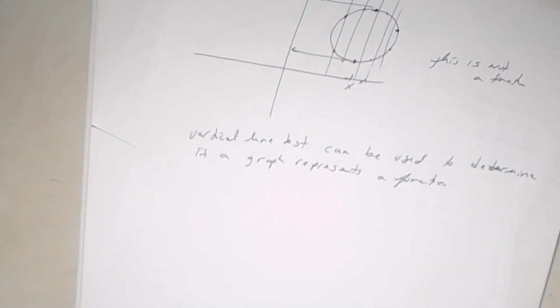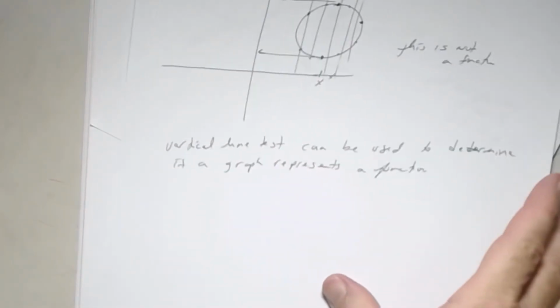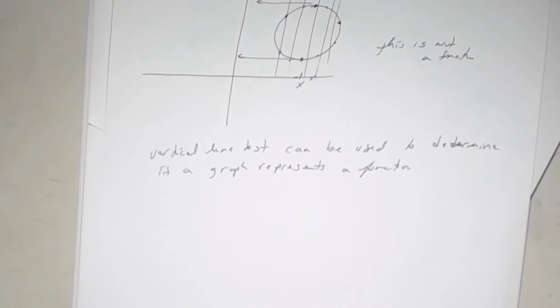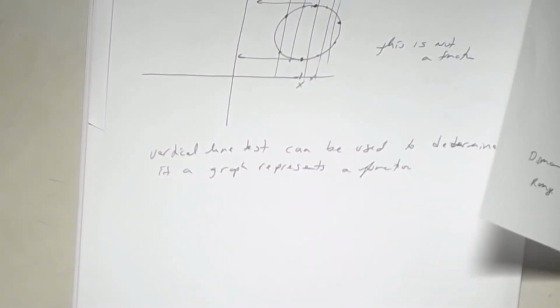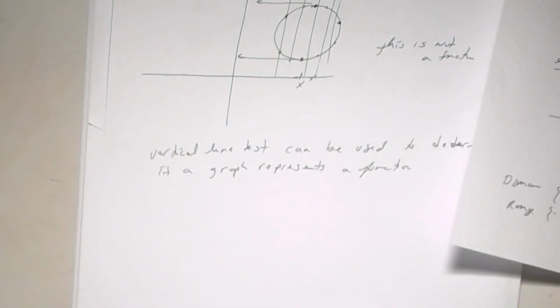All right, so the vertical line test can be used to determine if a graph represents a function. Okay? So the idea is this.